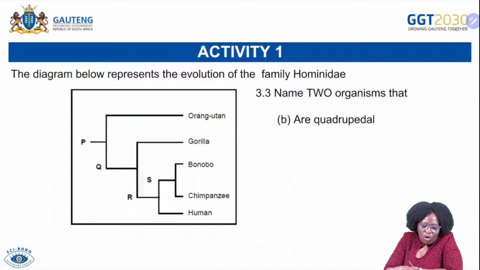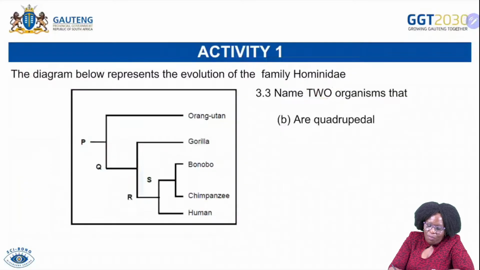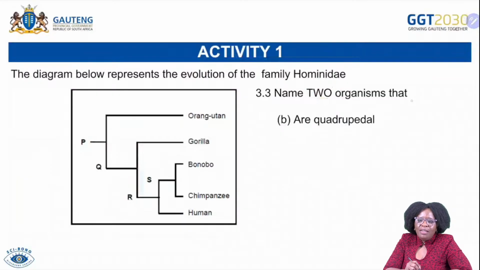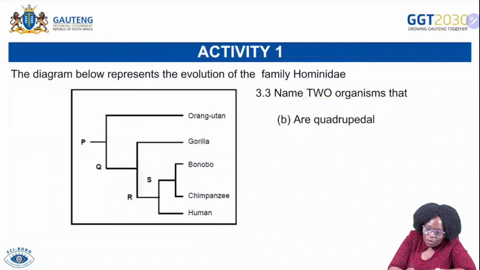The diagram below is still the same one of the family Hominidae. Question 3.3, name two organisms that are quadrupedal. We've got bipedal organisms and quadrupedal organisms. Quadrupedal organisms use all four limbs to walk. But how many organisms are we looking at here?